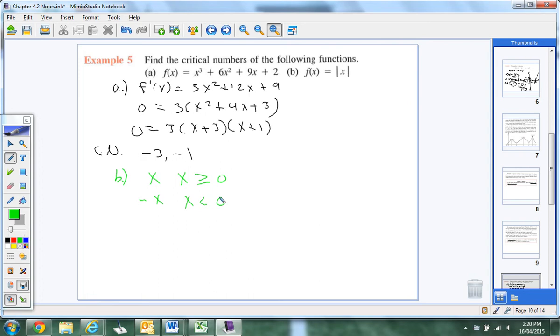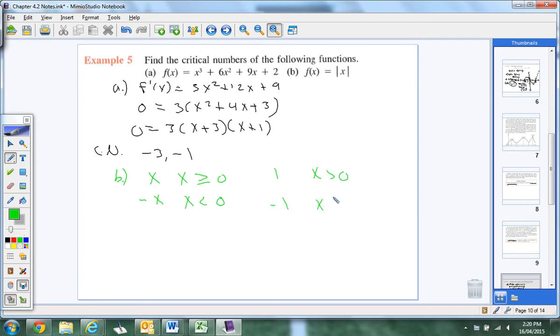With that being said, if I take the derivative of these two, what's the derivative of x? 1, so I get 1 for x greater than 0. Oh, I keep writing it wrong, sorry. And then what's the derivative of -x?